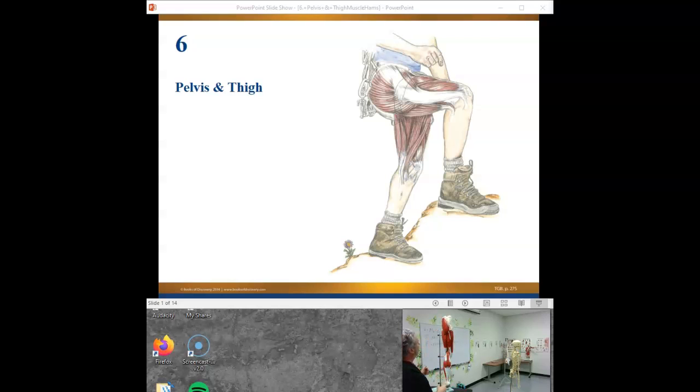Thank you. All four are found in the back of the leg, but which one is found most lateral on the leg of these muscles? The semitendinosus. I'll give you two more guesses. The semimembranosus would be in the middle.